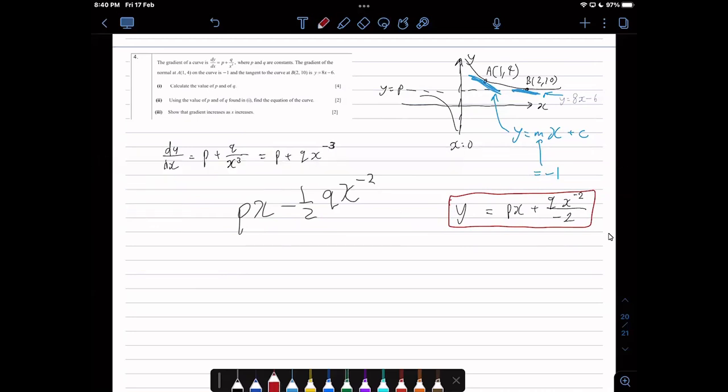Okay, so what you need to understand is the gradient equals -1 when x equals 1. So what can you do?